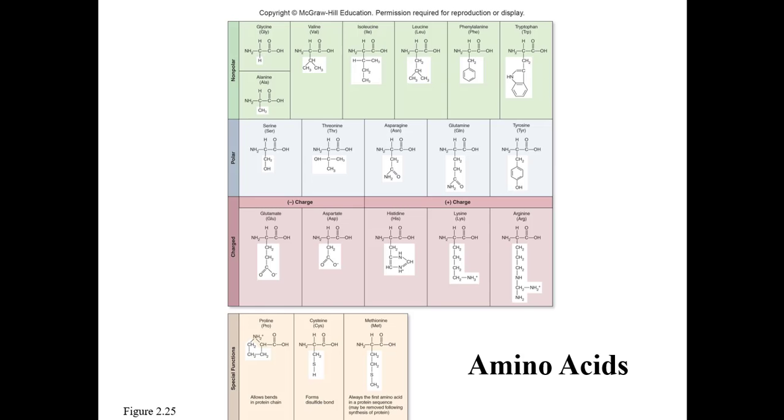These are the 20 known amino acids. 1, 2, 3, 4, 5, 6, 7, 8, 9, 10, 11, 12, 13, 14, 15, 16, 17, 18, 19, and 20. The 20 known amino acids. Again, the difference is only in the white colored part, which is the R group. So everything in white is your R group.